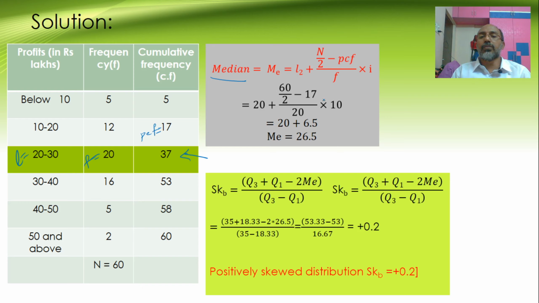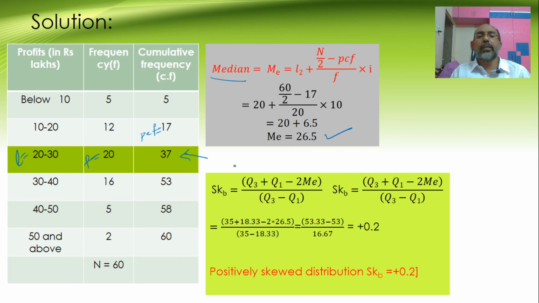Then we substitute the values: 20 plus 60 by 2 minus 17, divided by 20, into 10, so you will get 20 plus 6.5. So the median is 26.5.